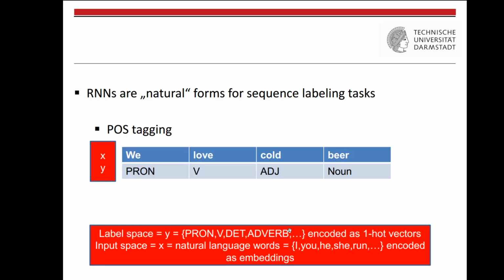So what is the label space here? Well, it's the set of parts of speech that are available in the classification scheme that has been set up by those people who have created the data set.